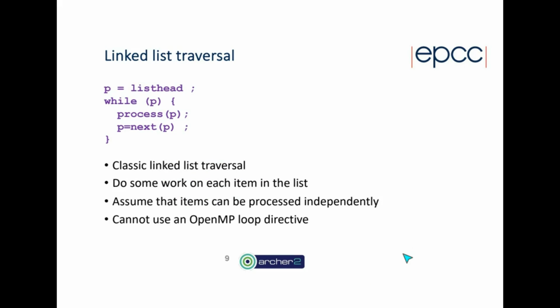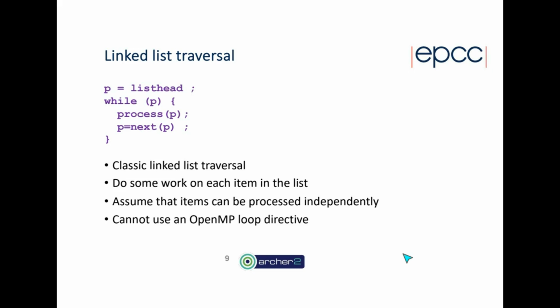Okay, so let us look at a slightly more interesting example. The example I'm thinking about here is doing a traversal of a linked list. A linked list is just a data structure where every item in the list contains a pointer to the next item.